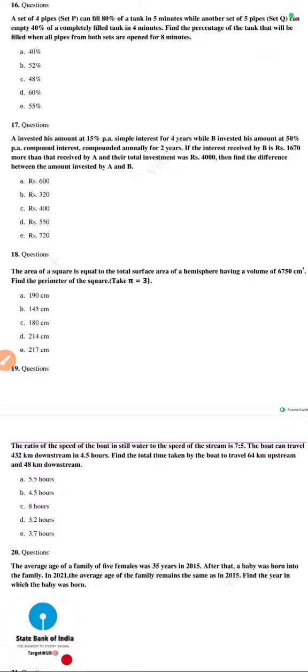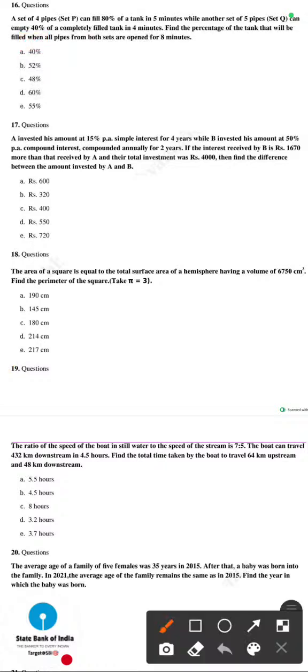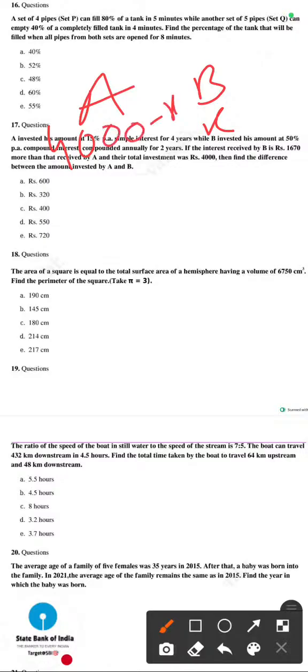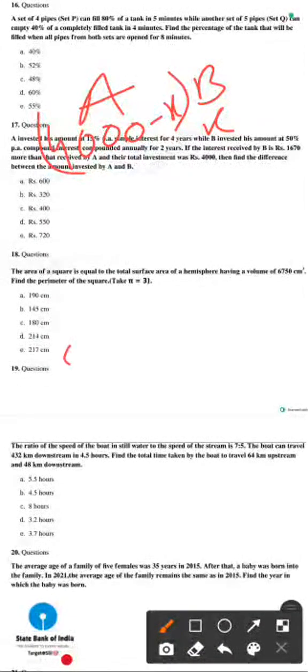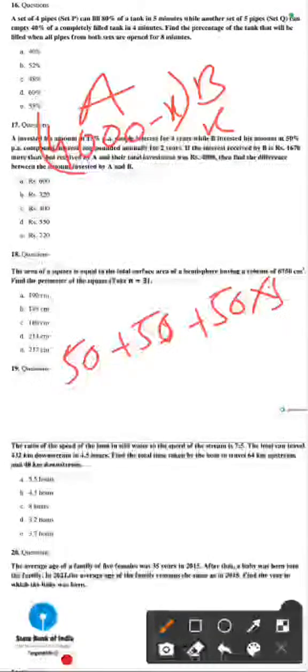So here the total is given as 4000. Let's take the B value as X. B is X, then A's investment is 4000 minus X. B invested at compound interest of 50% for 2 years. 50% for 2 years means 50 plus 50 plus 50 into 50 divided by 100.